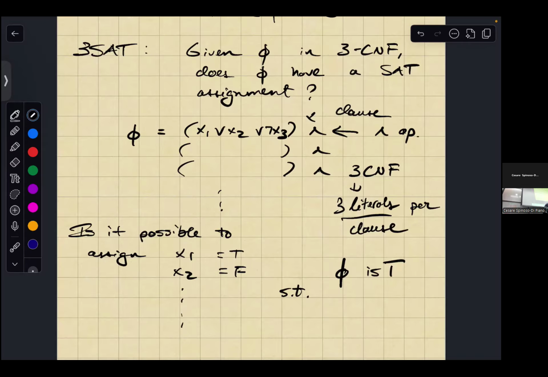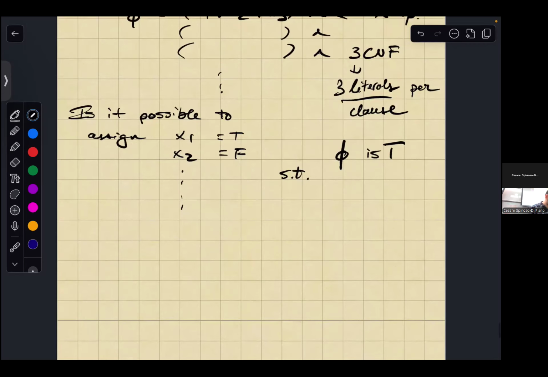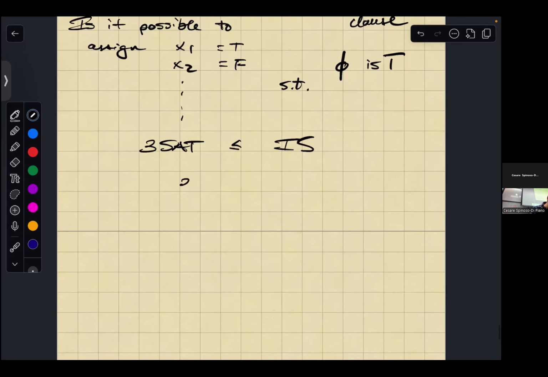But there's a classic trick of converting a problem about graphs to a problem about Boolean formulas and vice versa. In this case, it's the vice versa direction because we want to reduce 3-SAT to independent set. So we want to create a 3-SAT solver.